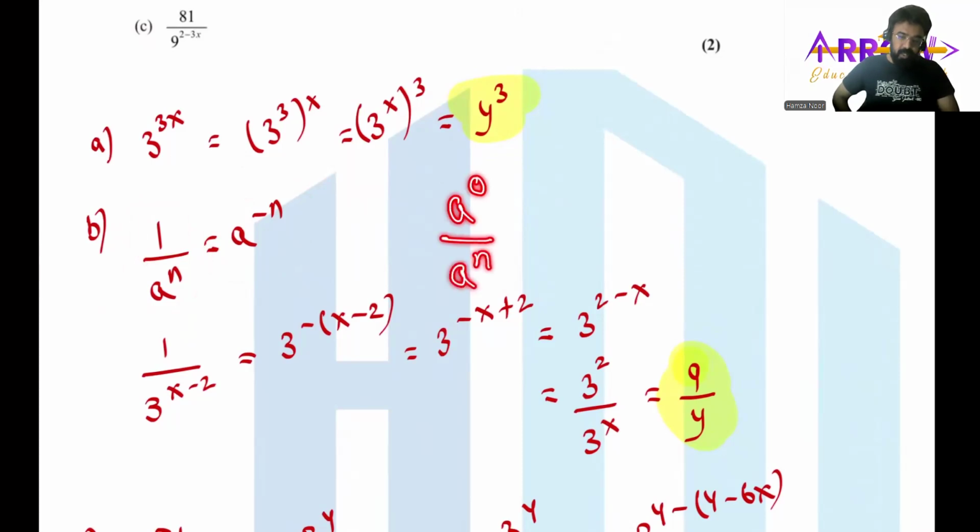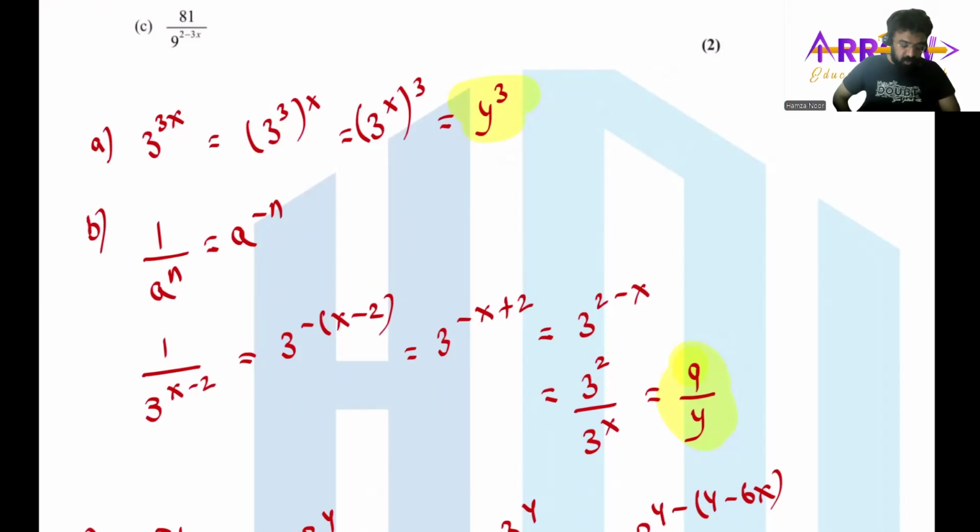This is divided by a raised to the power of n, and according to the laws of indices, this is a raised to the power of 0 minus n, which means a raised to the power of minus n. Agreed with this? So 1 divided by 3 raised to the power of x minus 2 is exactly the same thing as saying 3 raised to the power of minus sign multiplied by x minus 2. Agreed with this?